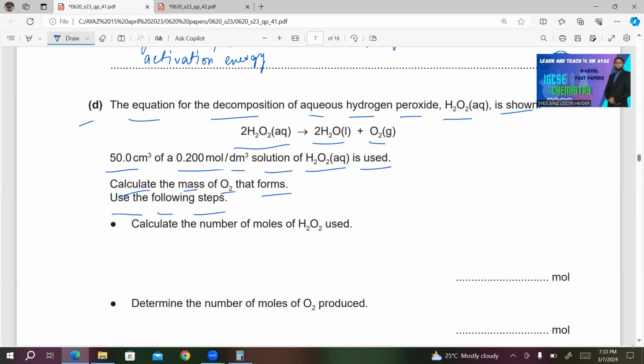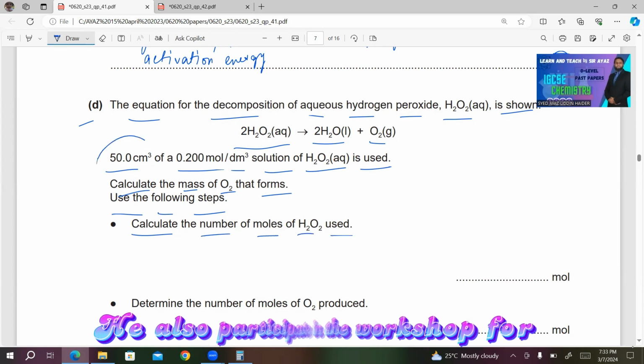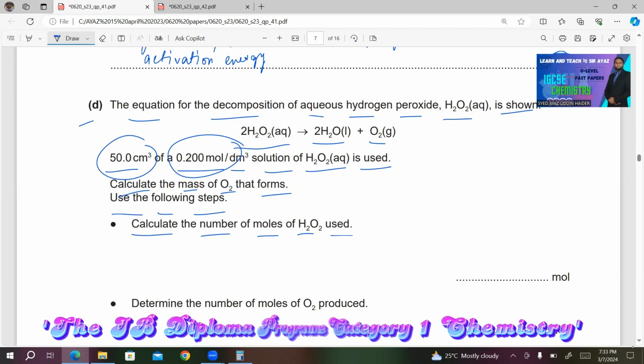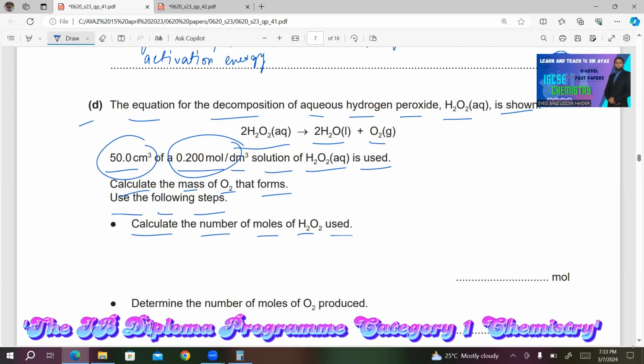Use the following steps. Number one, calculate the number of moles of H2O2 used. So you have the volume of H2O2 and the concentration of H2O2. So we have a concentration 0.2 mole per dm cube, which means that it is 0.2 mole in 1000 centimeter cube. This is the relationship between dm cube and centimeter cube.